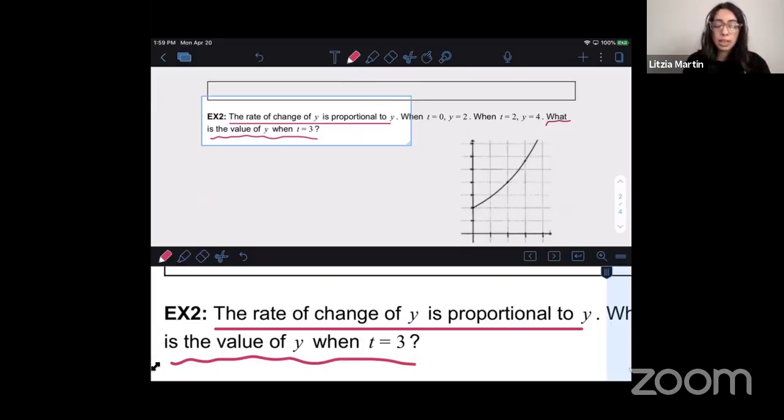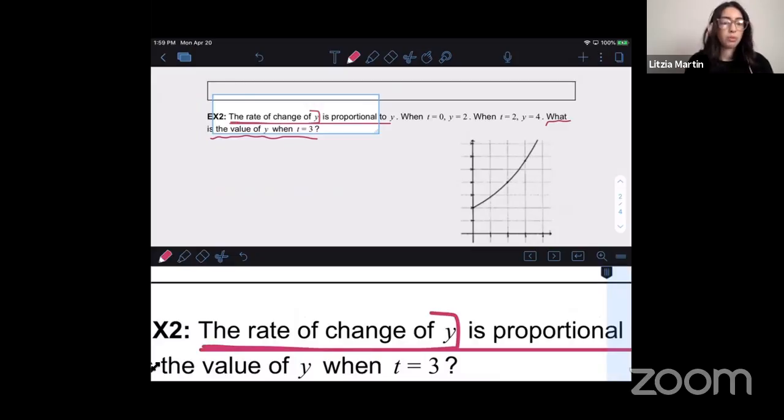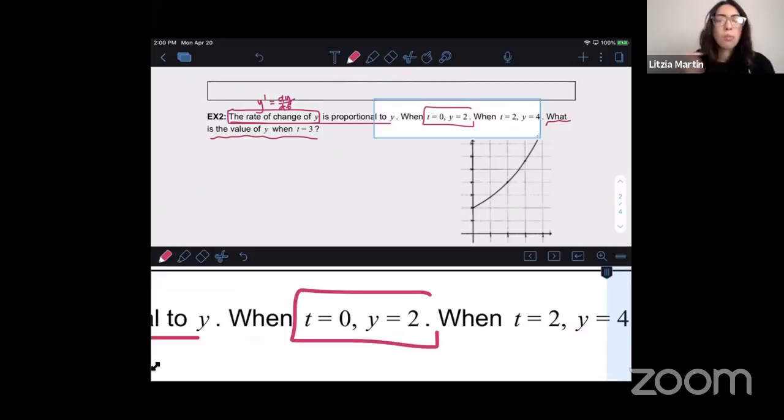That's the phrase that we broke down in the beginning, and we wrote it as an equation. So we're going to do that again here. It says the rate of change of y. So that's y prime, which I can rewrite as dy over dt in this case, because I see here it's giving me values of both y and t. That's telling me my two variables.